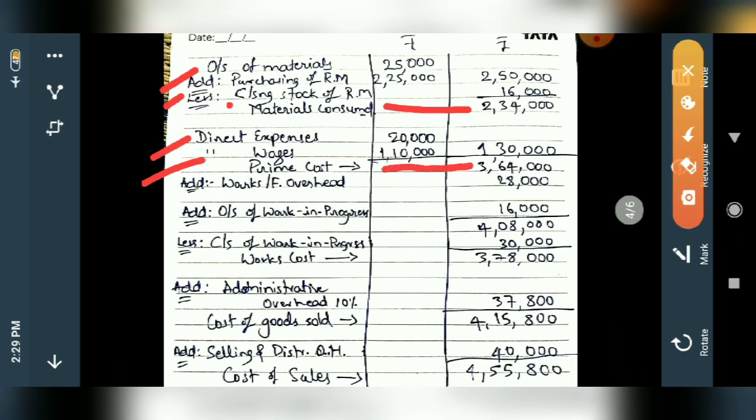to get prime cost. So for the prime cost, now you have to add works overhead or factory overhead, if it is there. Then opening stock of work in progress, if it is there, you have to add it. Then closing stock is to be deducted. So by adding this you get 4,08,000. Then you have to deduct your closing stock.